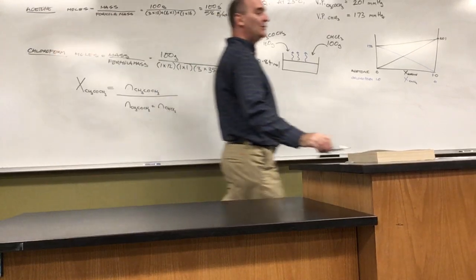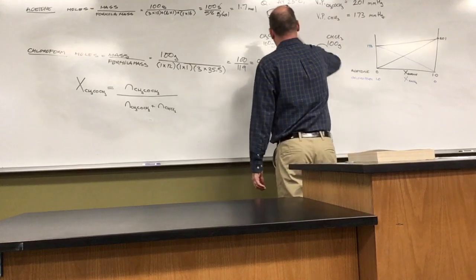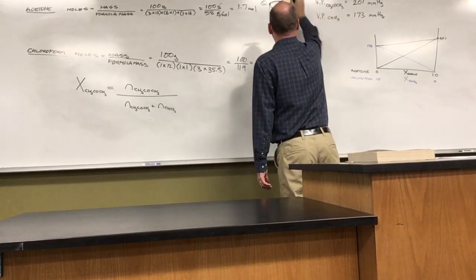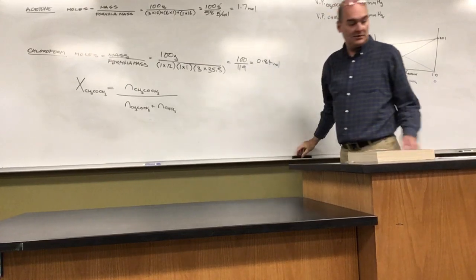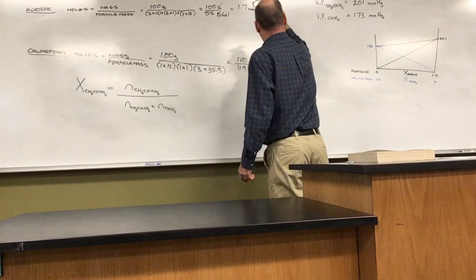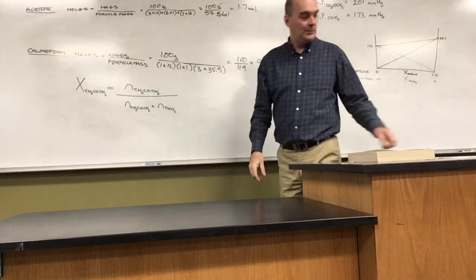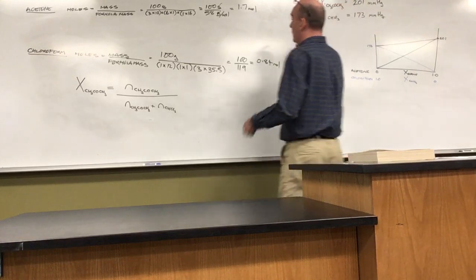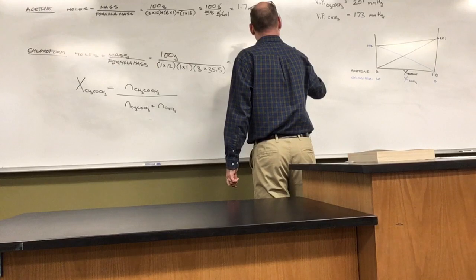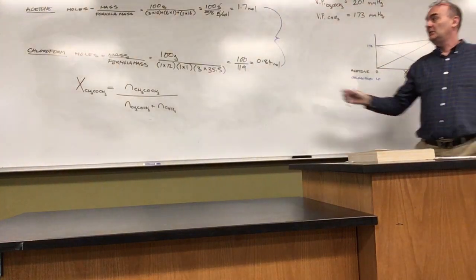So if I put 100 grams of acetone and 100 grams of chloroform into the flask, what I'm doing is I'm putting 0.17 moles of acetone and 0.84 moles of chloroform into the flask.